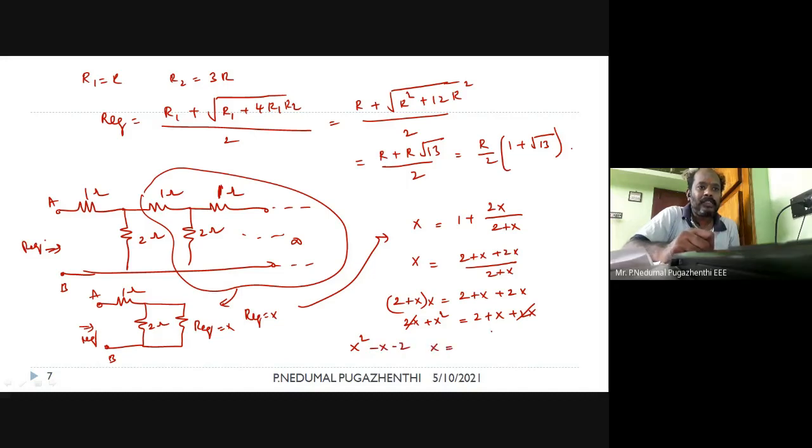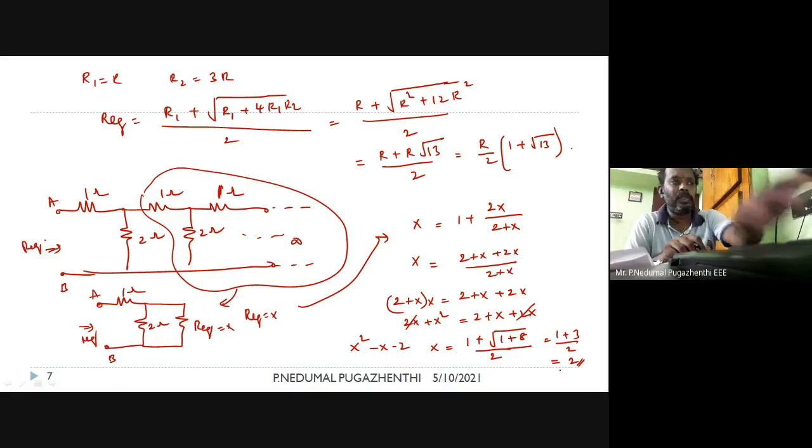So what is x? X is equal to 1 plus square root of 1 plus 8 divided by 2, because 4ac, c is 2, a is 1, so 8, 9, so it is going to be 1 plus 3 by 2, which is equal to 2, which is from the previous.